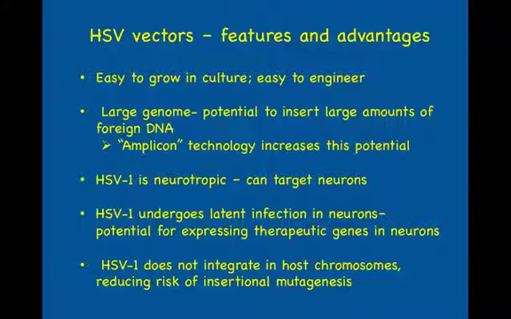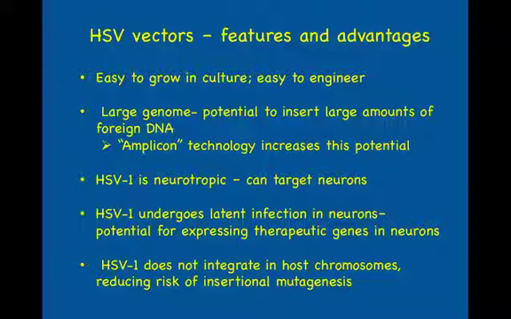HSV1 is neurotropic, and so you can target neurons, and that's probably what this is mainly used for. The first two things are very generally useful. If it's easy to grow in culture and easy to engineer different types, you can try a lot of different things, and the Amplicon technology allows you to put in a lot of those things.